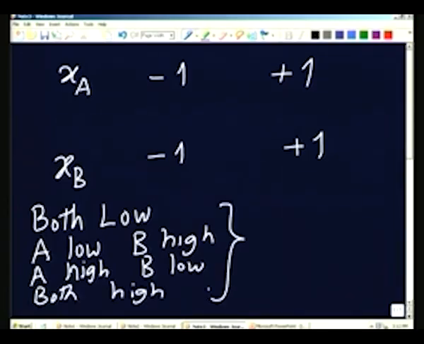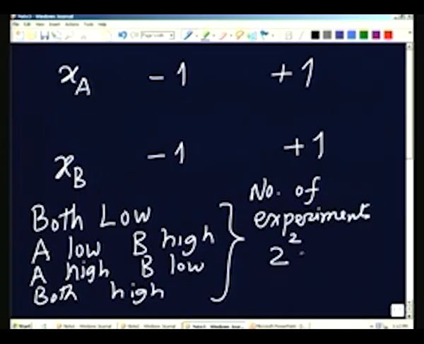So, the number of experiments is easily seen to be 2 squared equal to 4.